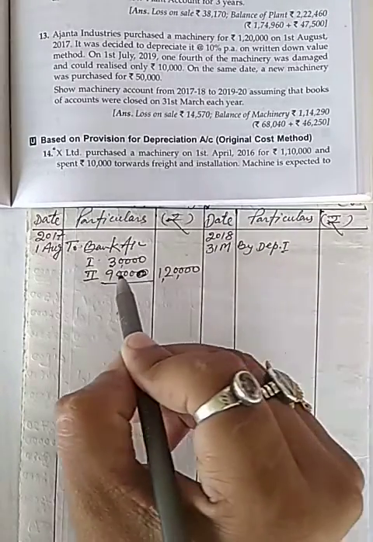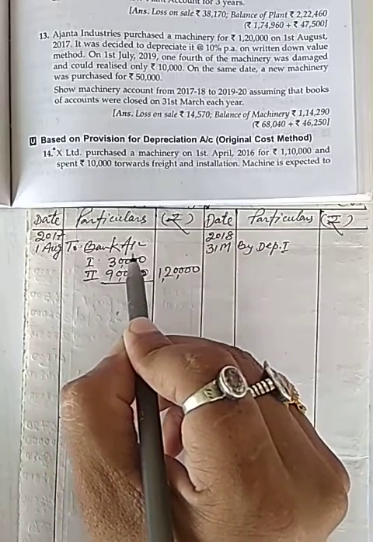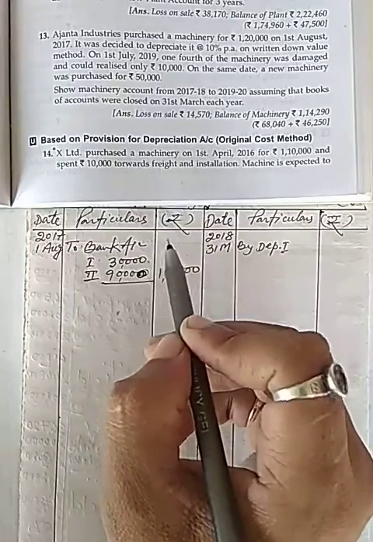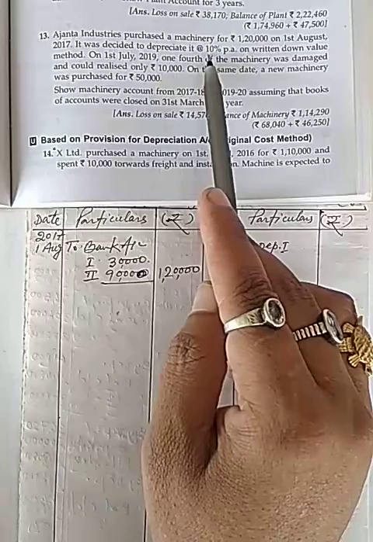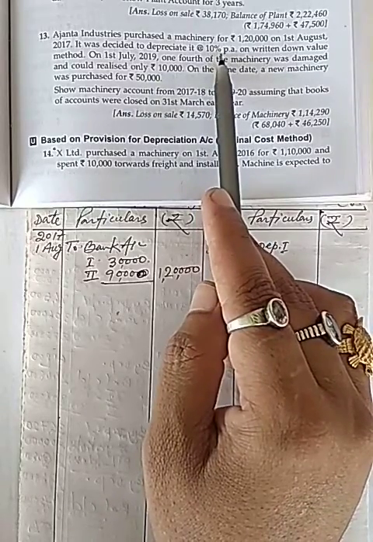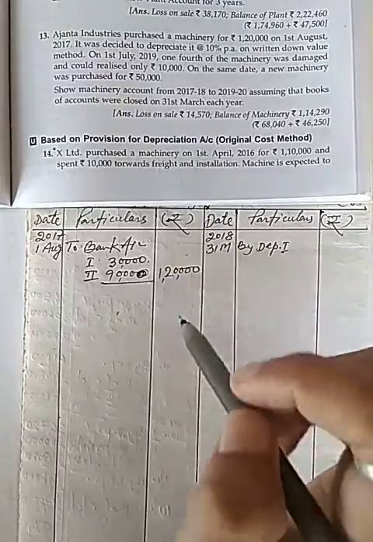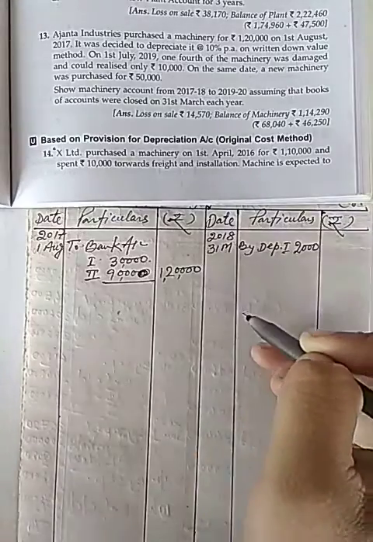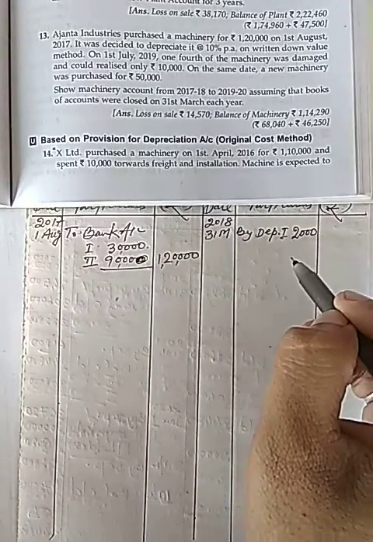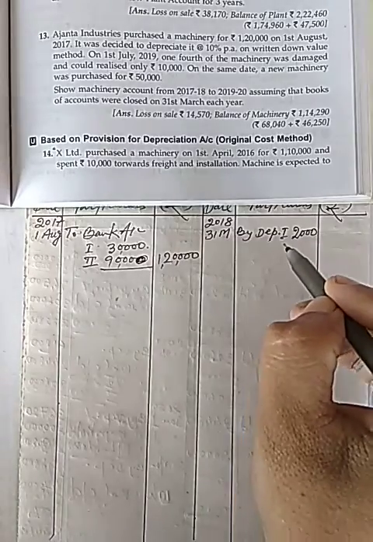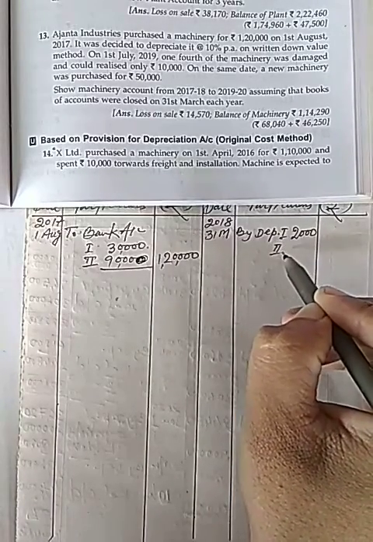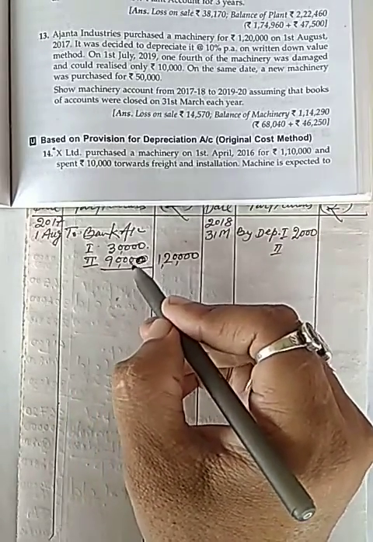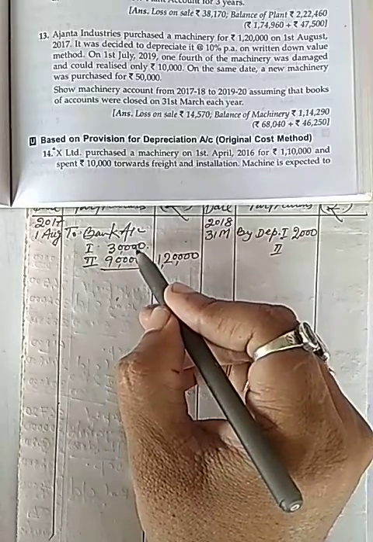So first we will calculate depreciation on 30,000 at the rate of 10% per annum, as the question is saying, for 8 months. So it will be 2,000, and you can calculate it will be 2,000. And now on second part of machine, it will be triple. Depreciation will be triple because cost is triple.